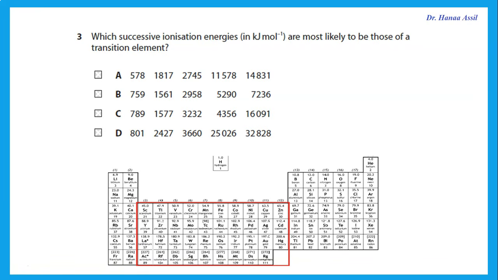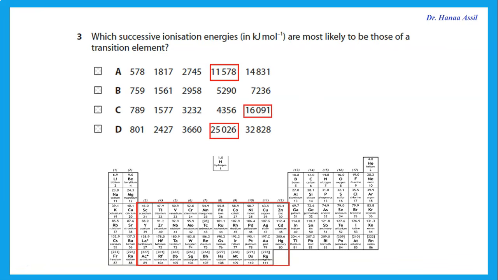Now, if we are looking at the choices in A, where is a huge jump? We have a huge jump after the third ionization energy, and that means that is an element in group 3. For the choice in B, there is no huge jump anywhere, so that must be the transition element.